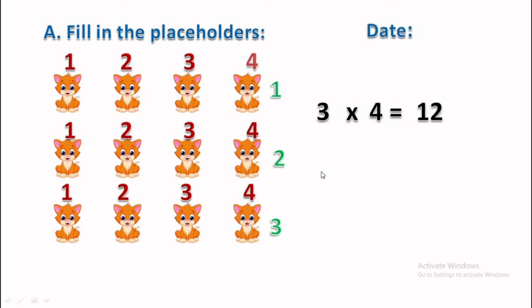So we can write 4 plus 4 plus 4 equals 12. So 3 into 4 equals 12 and 4 plus 4 plus 4 equals 12. So 3 into 4 is equal to 4 plus 4 plus 4.